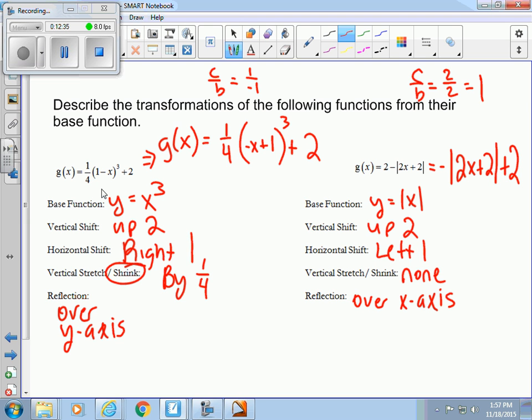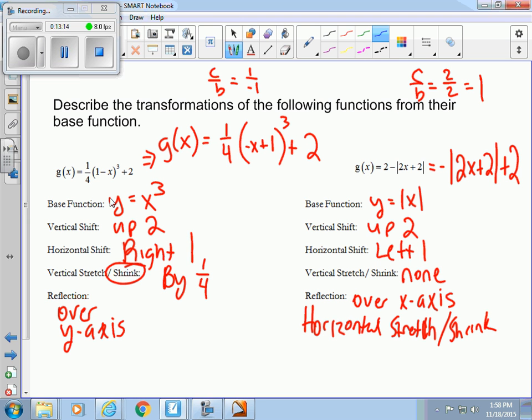So you actually notice, we really should answer the horizontal. Is there a horizontal stretch or shrink on this one? Where do you look for that?